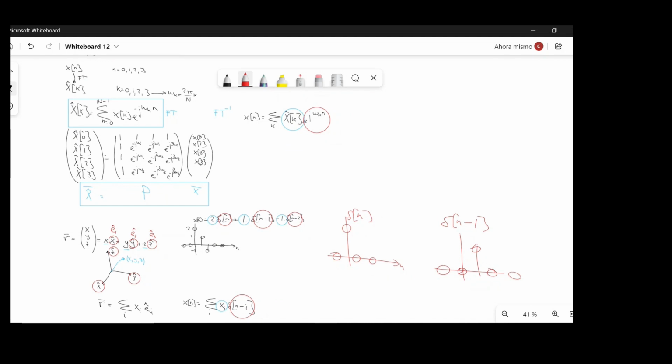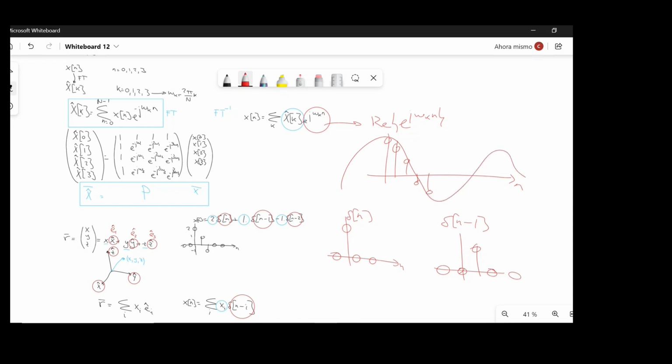And so on. Now my bases are complex valued functions, so I cannot draw them as easily as here, but I can draw the real part instead. I can draw the real part of this thing, and it will be kind of a sine.